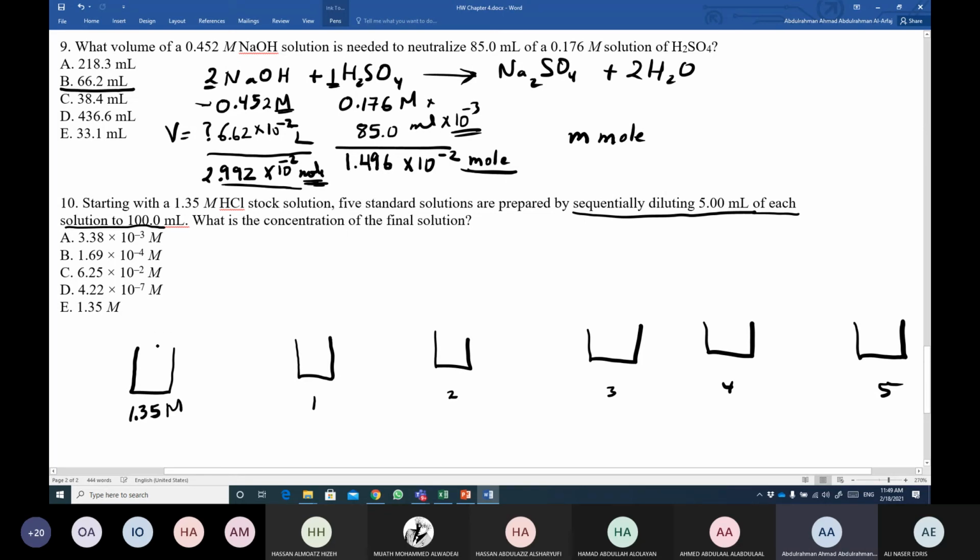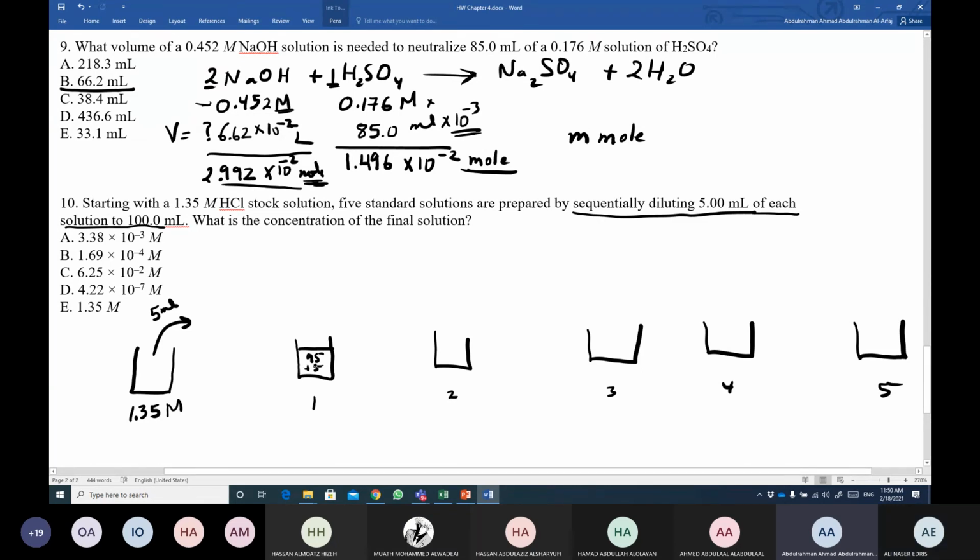Take 5 milliliter from here and put it in 1, and add how much water? 100 milliliter. No, we add 95. 95 plus 5 is 100.